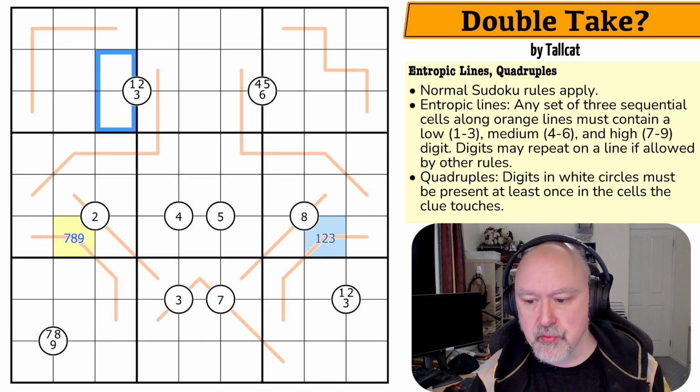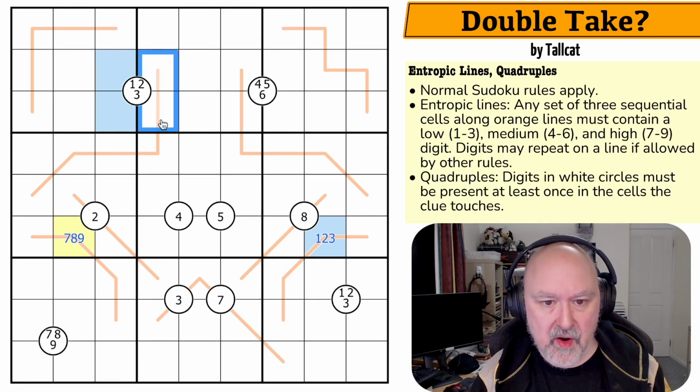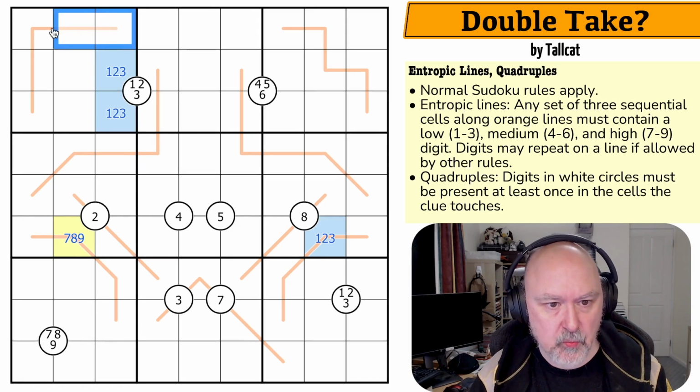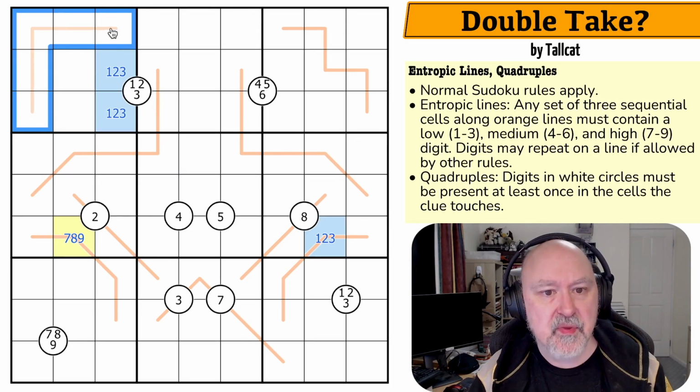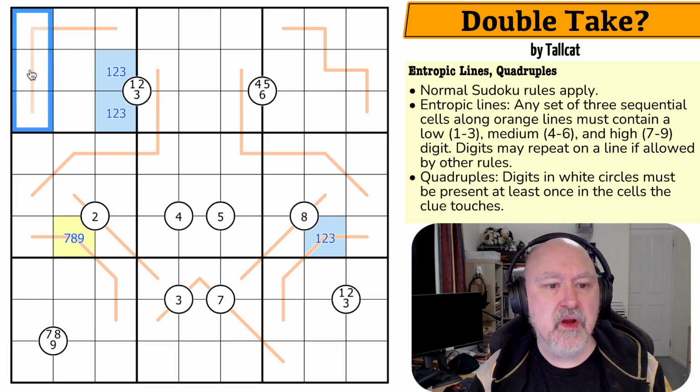So those 2 must both be low. This one can't be low because I know one of those is. So there's a low in here, and that tells me something about this line, because on this line, well, we know that that run of 3 must contain a low, mid, and a high.